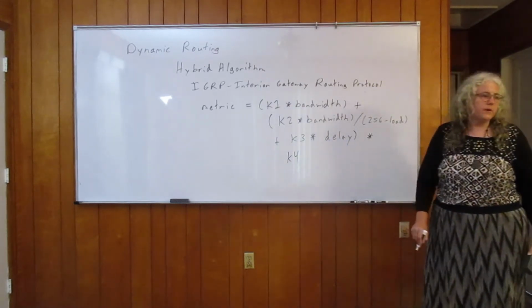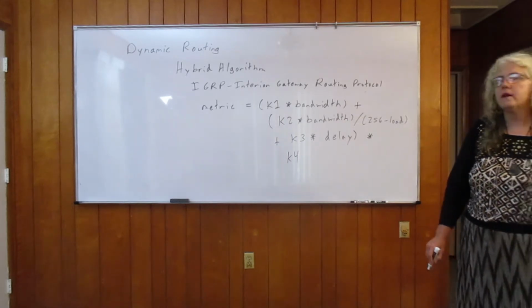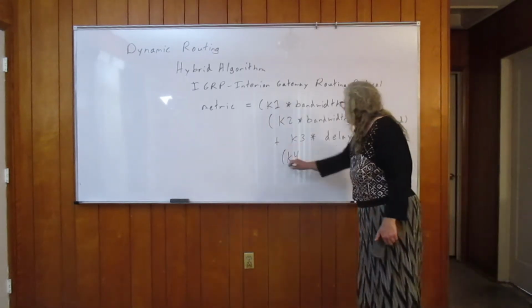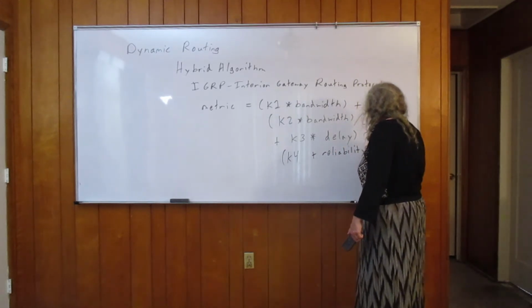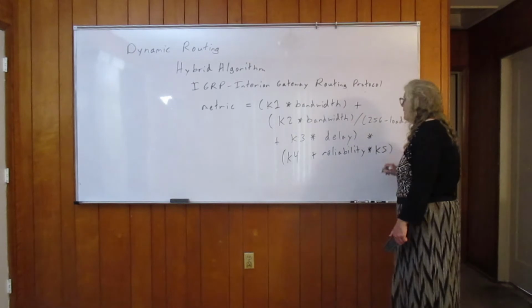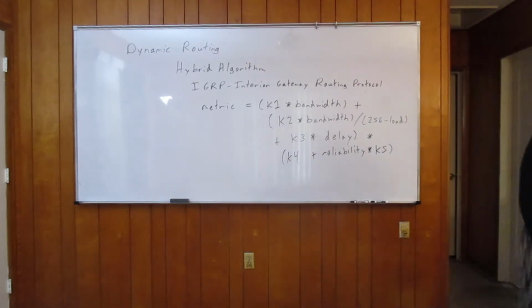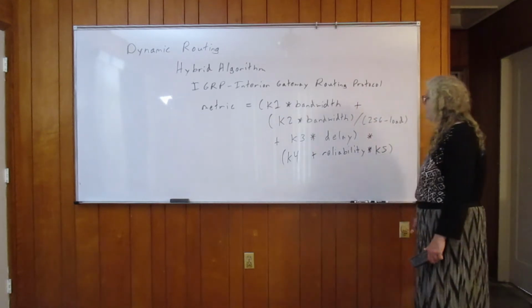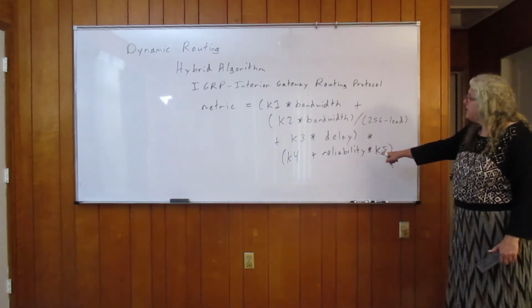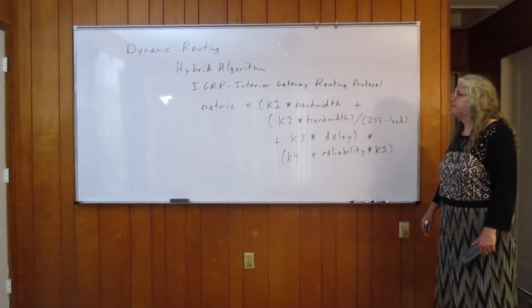We've got another constant we would define, K4, which is going to be plus reliability times K5. Now, the reliability is how frequently that network path is up and available.